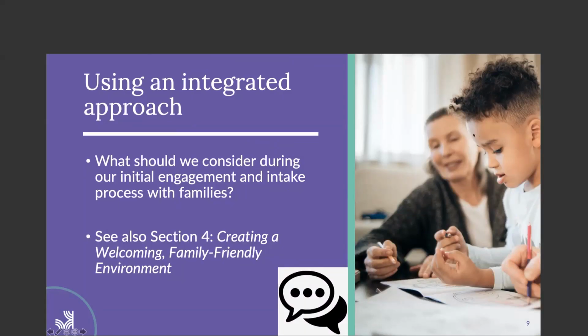But when meeting families' needs and serving families and being more family-centered, what should we consider during our initial engagement and intake process with families? Again, please feel free to put it in chat if you've got thoughts on this.